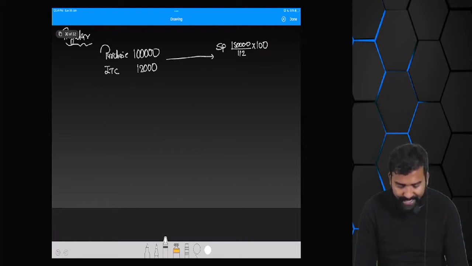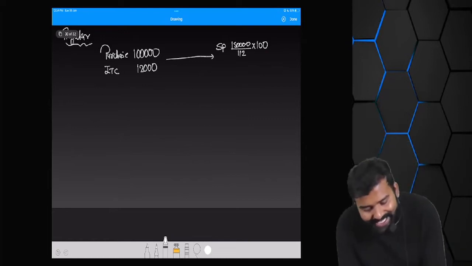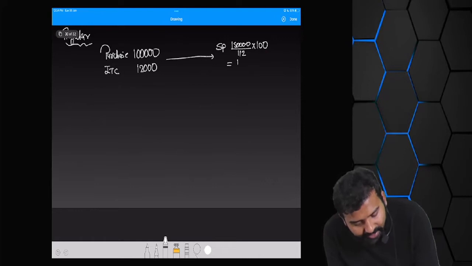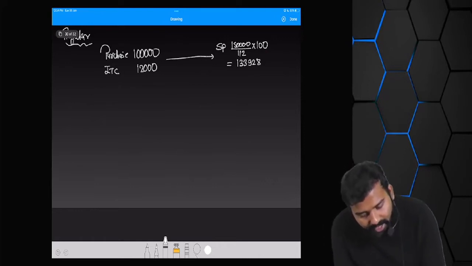The net sales is 1,33,928, and the rest is the GST amount.